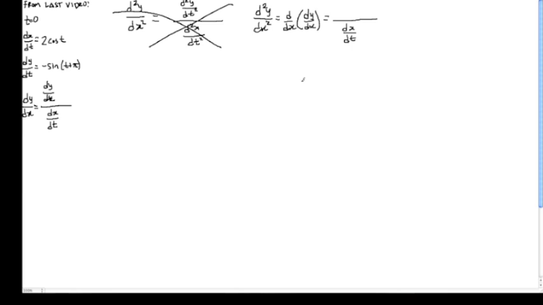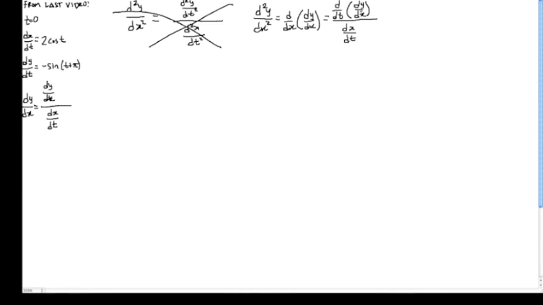Now, what does that look like? We're taking the derivative with respect to t of this whole thing. So it's a bit more gross. And once you realize that this right here is a quotient, you start to kind of throw up in your own mouth. So let's try and do this. I'm going to try and do it all on one page, but I don't know if I'll be able to.